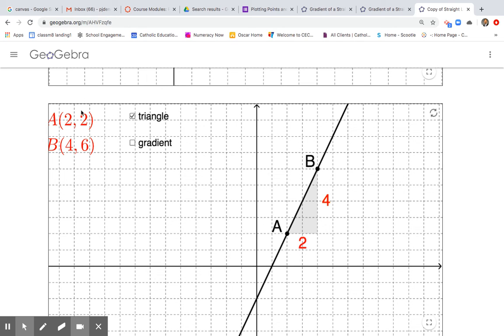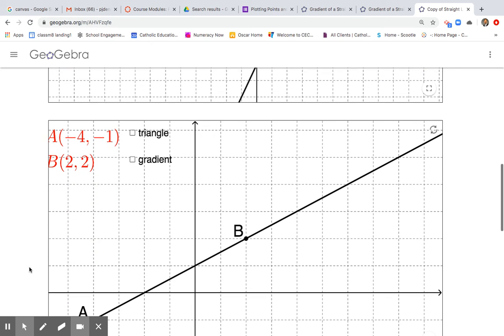If we look at the y's, what's the difference of the y's? 6 minus 2 is 4. 4 minus 2 is 2. 4 over 2. And that's exactly what we're doing here. The difference of the y's over the difference of the x's. 6 minus 2 over 4 minus 2.